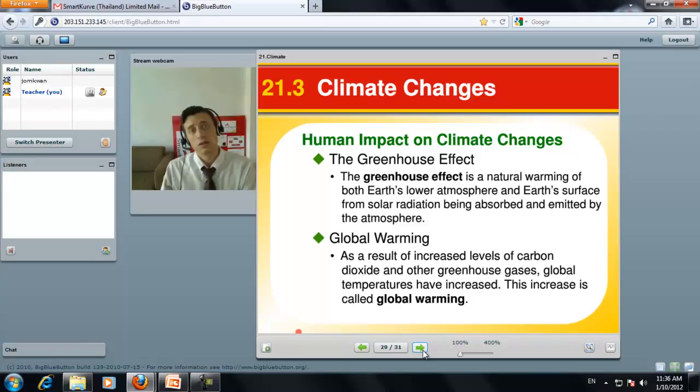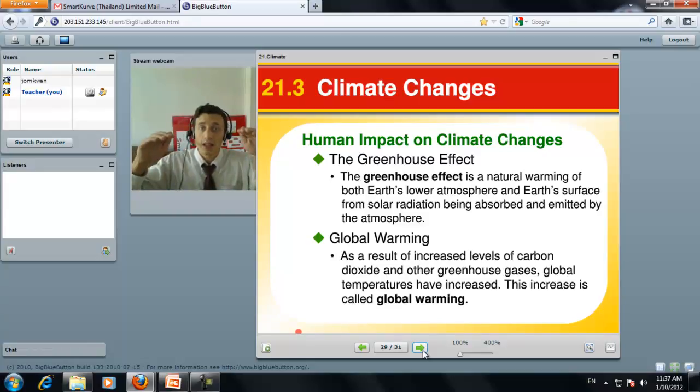Now, radiation is the same way. When that radiation strikes a surface like the Earth and bounces off, it has less energy. So the Earth reflects that radiation as a low energy form.